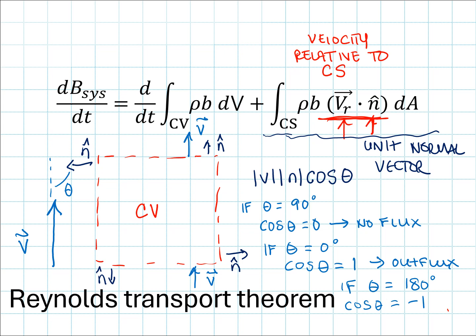And so that indicates that I've got an influx of mass into my control volume. So anytime that my angle theta is greater than 90 degrees, my cosine theta is going to be negative. And this will indicate that I've got mass coming into the control volume. Anytime that my angle theta is less than 90 degrees, then cosine theta will be greater than 0, and this denotes mass leaving the control volume.